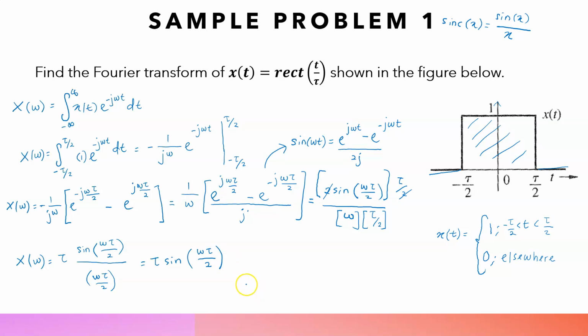So this is the Fourier transform of this x(t), which is X(ω). This is the sinc function, the general form of sinc of x, which is sin x over x. If we look at this signal, the amplitude is 1 at x equals 0.